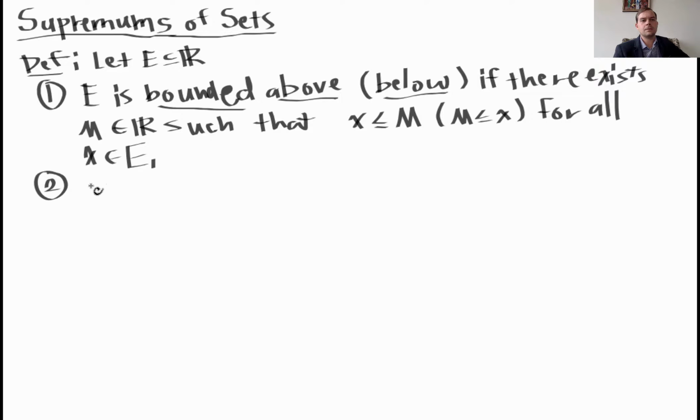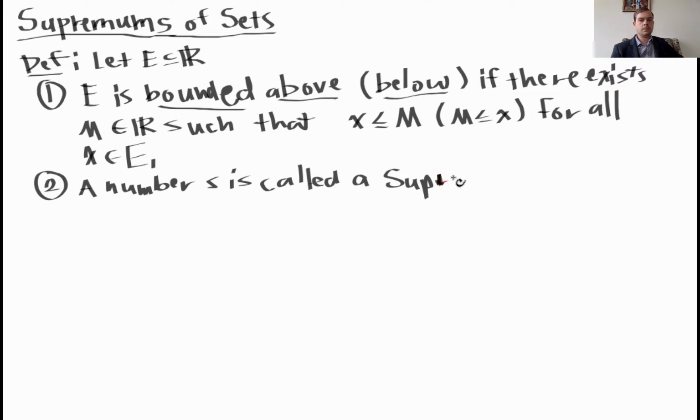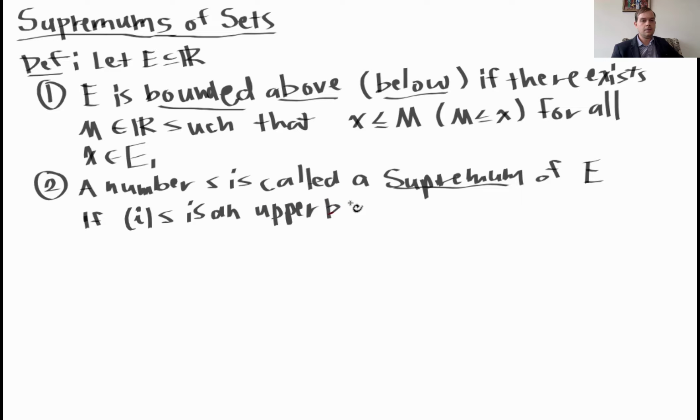Finally, we can fix the notion of supremum. So a real number S is called a supremum of E if, (i), the first thing we need to have for the supremum is that S is an upper bound for E. So it has to be an upper bound. It has to be there.